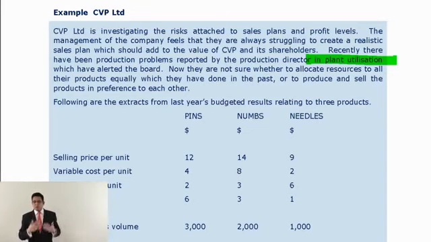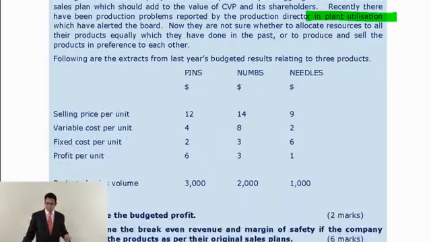But now they are thinking: should we keep doing the same thing and treat all products as equal in importance, or should we allocate resources in preference to each other, meaning that A may be better than B, or selling product C may be better than selling product A? We will look at this.